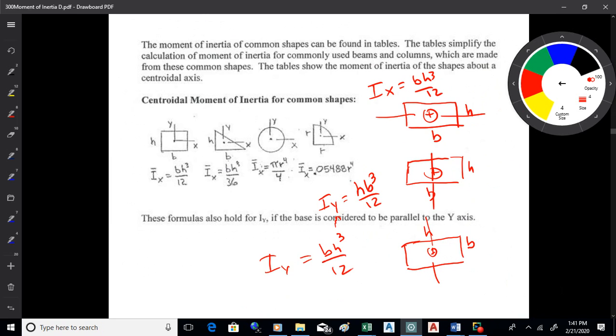I just changed the definition of base and height. I call the base parallel to whatever axis I'm using and the height perpendicular. And that way I can just use the same formulas. It's not a big deal. It's just however you want to write the formula. Okay. So it's whatever the dimension of a rectangle is that's parallel to your axis times the dimension that's perpendicular to it cubed over 12. Okay.